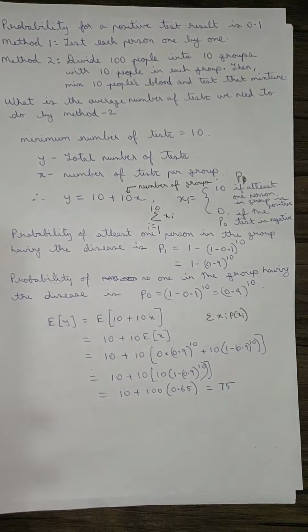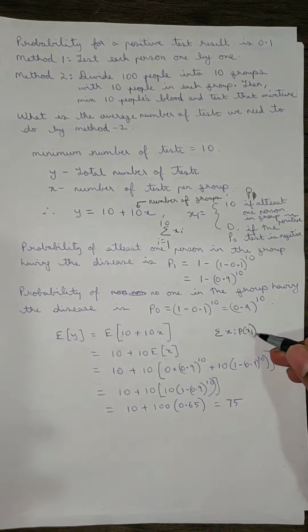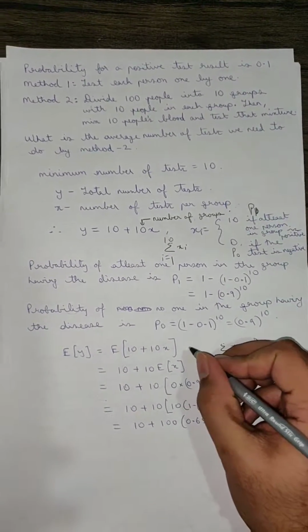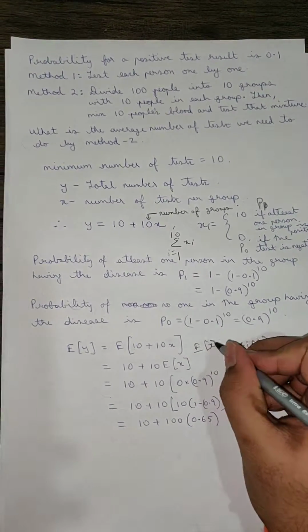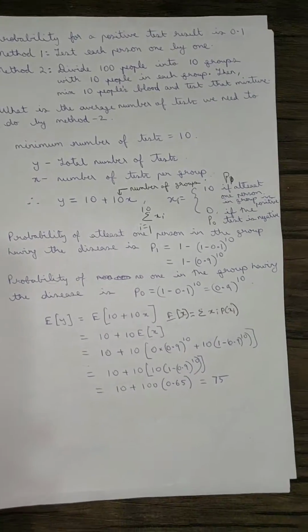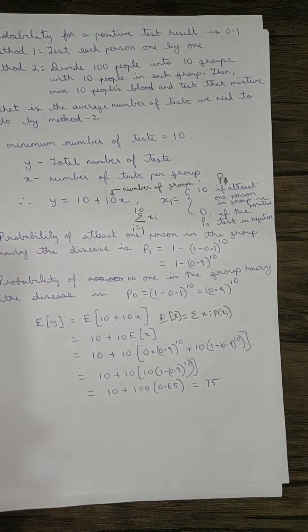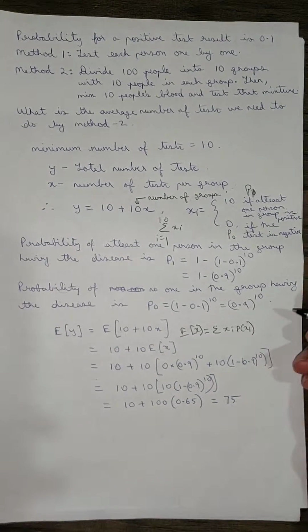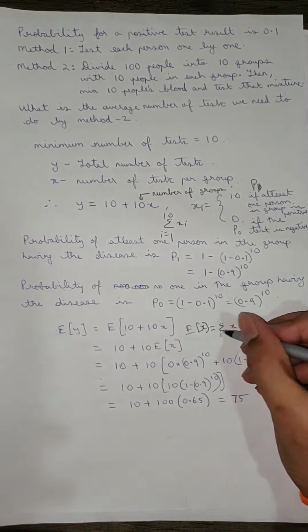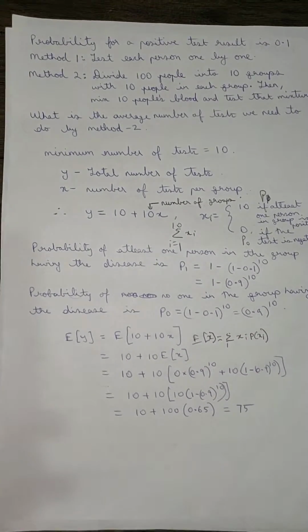The definition of the expected value of x is the sum of xi times p of xi, where i ranges over all the possible values.